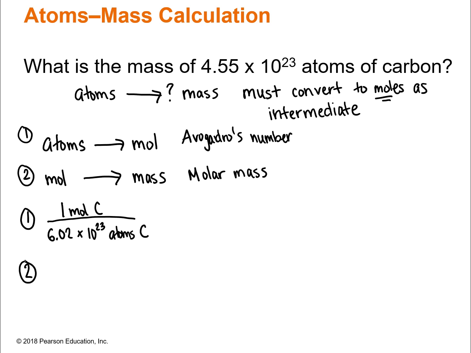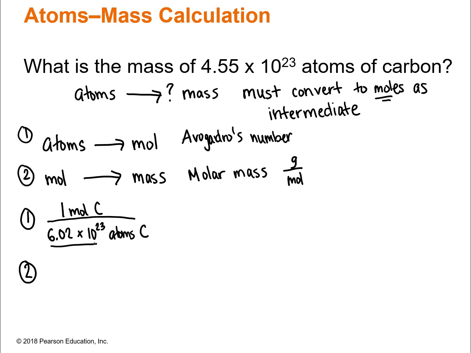So that is our unit factor for that first part. What about the second part? Molar mass is in grams per mole. We're trying to go from moles to grams. Oh, can I explain why the atoms are going on the bottom? So we're trying to get rid of atoms. We need atoms to cancel out. So when we multiply the number of atoms of carbon we have by that 6.02, that's Avogadro's number.